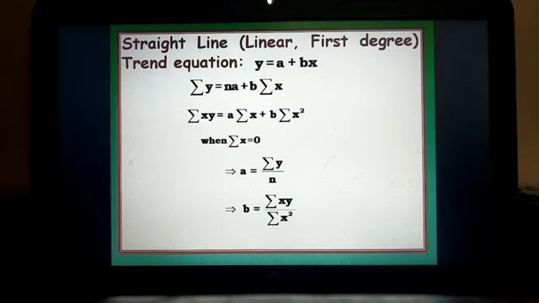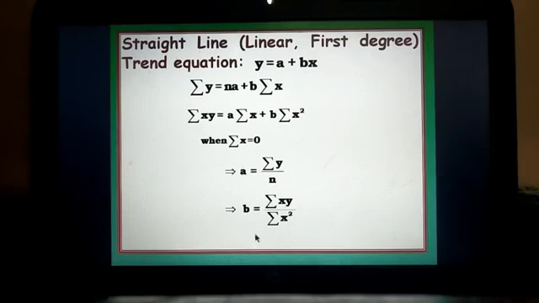After having got these two constants, what had we done? With the help of given values, we will be able to substitute here sum of y, n, sum of xy, sum of x square and all those. After substituting numerical values, we will get a and b as numerical constants.